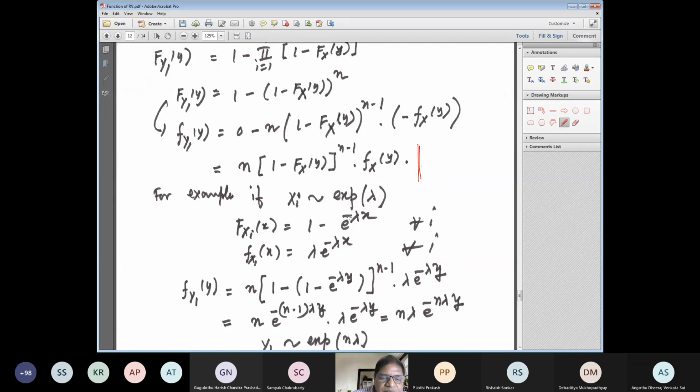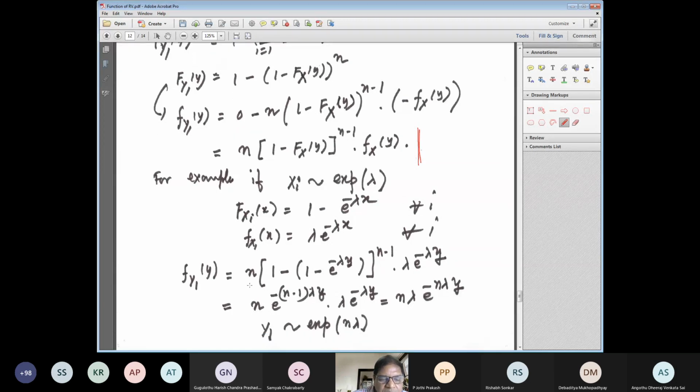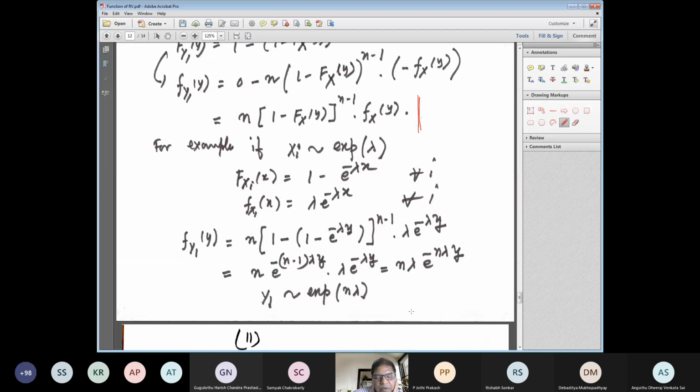If we substitute in this, you get n times (1 minus e to the power minus lambda y) to the power n minus 1, then the density function of X in terms of y, and if you simplify this, you will get this result.